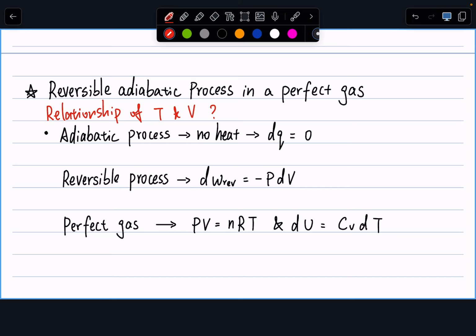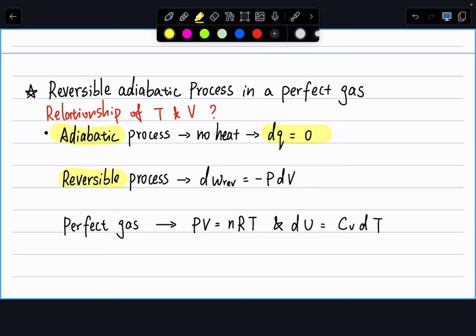Reading what's given in the setup, we have an adiabatic process, so there's no heat transfer. My heat is 0, or any infinitesimal change of heat is also 0.